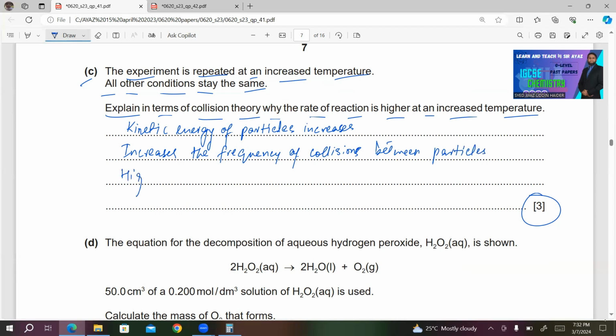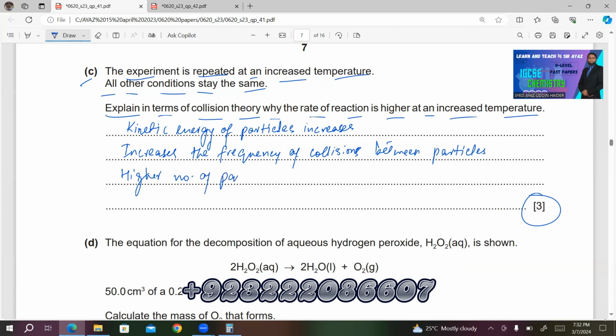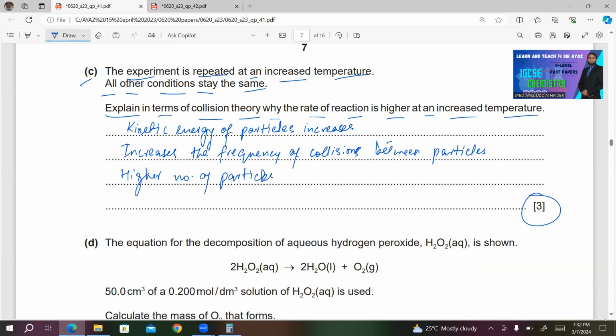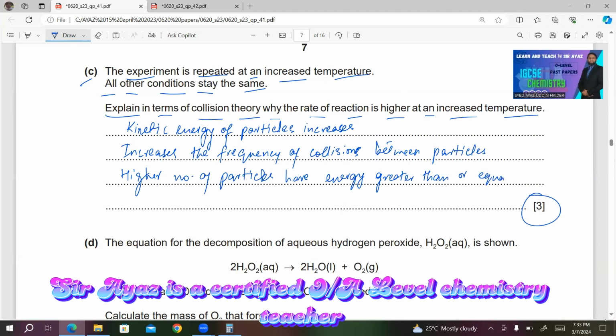Higher number of particles have energy greater than or equal to activation energy.